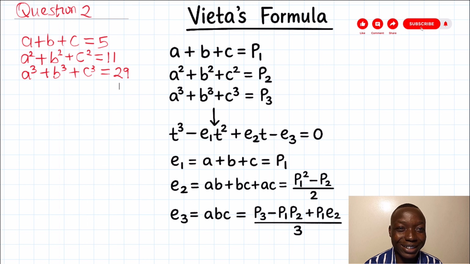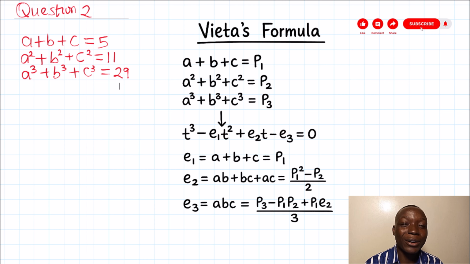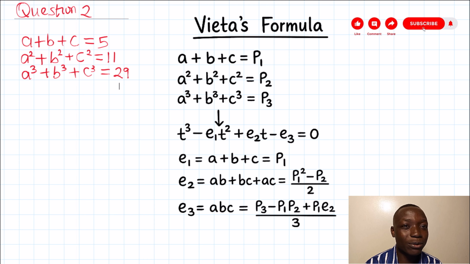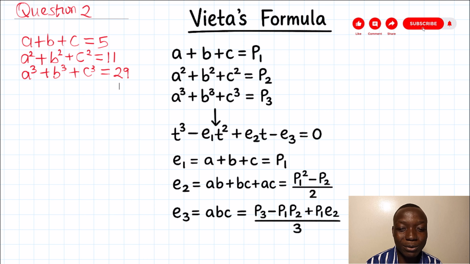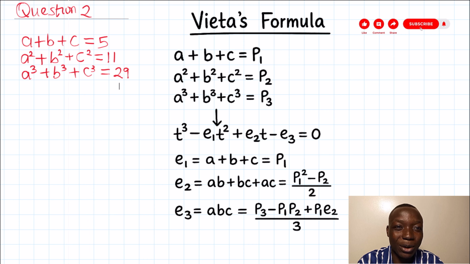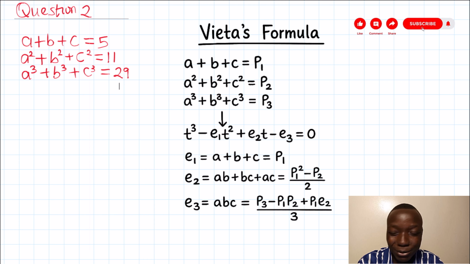So we're going to plug in and get our sum of roots, product of roots two at a time, and product of roots very easily, and go straight to the cubic equation. So this is actually a faster method of solving this system of equations.